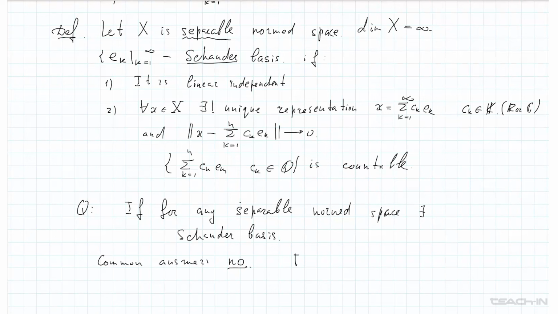The first example of a space without approximation, so we name this a space without approximation, is from 1972, by the famous specialist Enflo. He constructed an example of a separable Banach space and proved that in this space there is no basis.